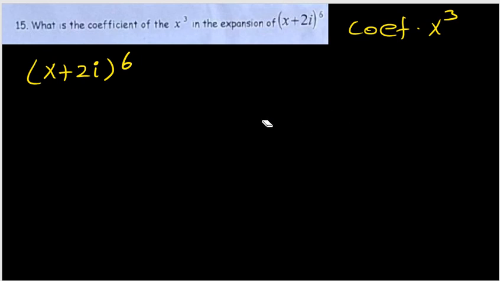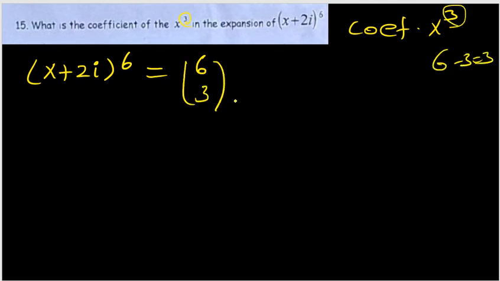Our n is 6 here, so we need 6 combination r. Since we are asked the exponent x to the power of 3, 6 minus 3 will be 3. So 6 combination 3 times x to the power of 3, again 2i to the power of 3, because 6 minus 3 will be 3. Our r is 3 here.